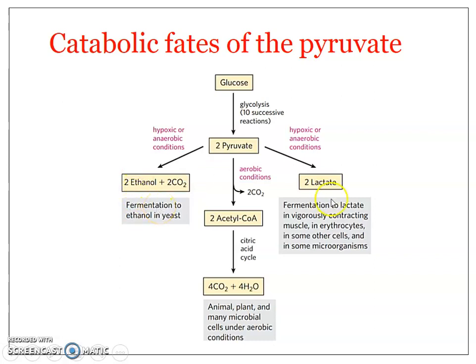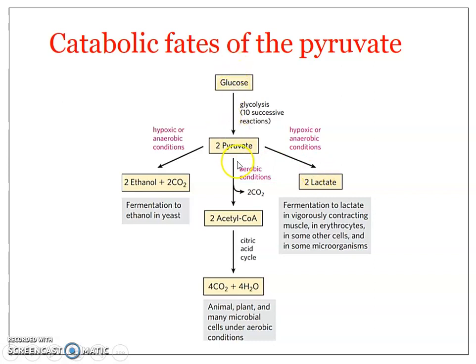On the other hand, in erythrocytes, in skeletal muscles undergoing rigorous activity, or in certain bacteria like Lactobacillus, Streptococcus, etc., there is yet another pathway, that is lactic acid fermentation. The lactic acid or lactate fermentation is the anaerobic degradation of glucose to form lactic acid. These two pathways we'll look at in detail in the coming slides.